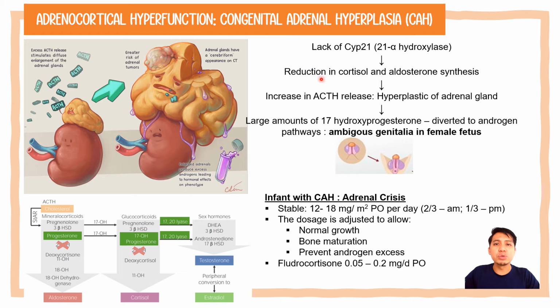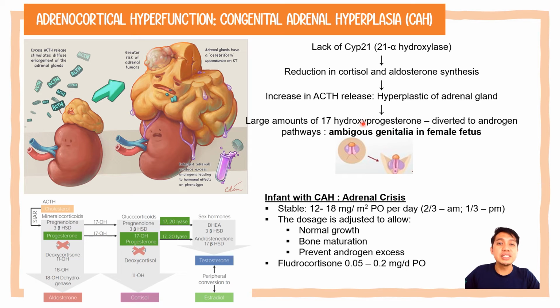This leads to a reduction in cortisol synthesis and thus an increase in ACTH release. This will cause the adrenal to become hyperplastic and produce a large amount of 17-hydroxyprogesterone, which is diverted to the androgen pathway, resulting in virilization of the genitalia in the female fetus.